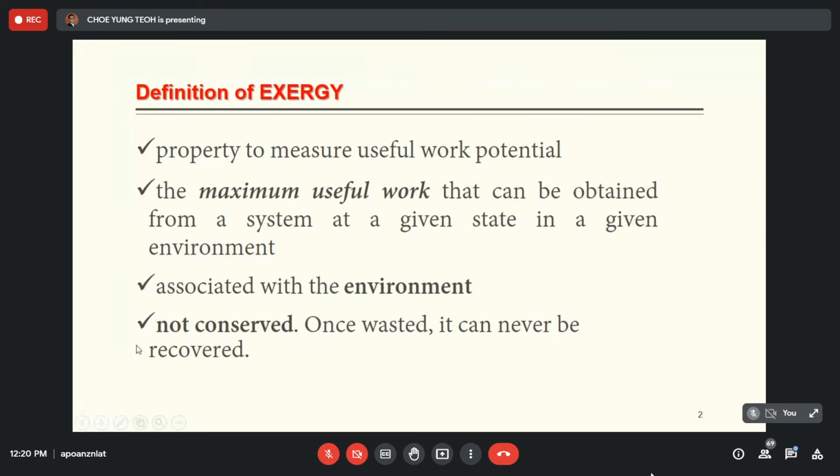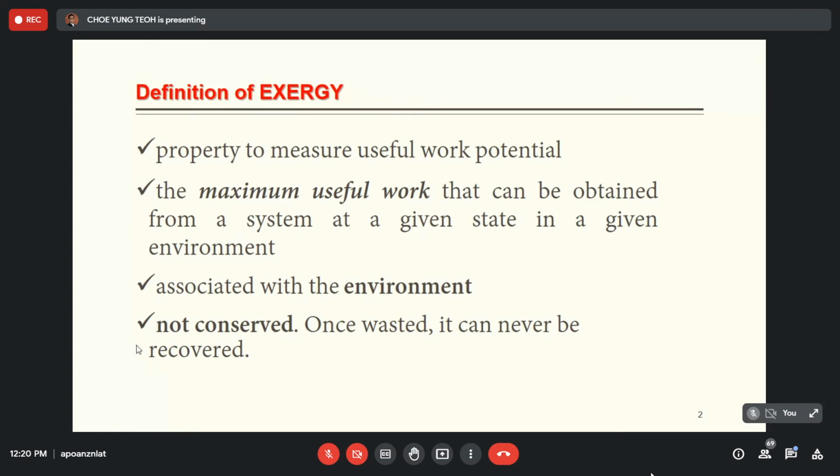And this Exergy, once wasted, cannot be recovered. What do we mean by wasted? Wasted means that the energy is converted from one form to another form which is less useful. What is useful and not useful? Useful means that it can easily be converted to other types of energy.